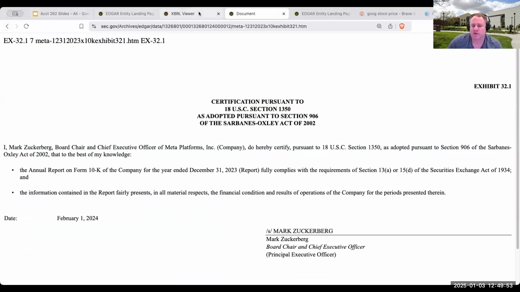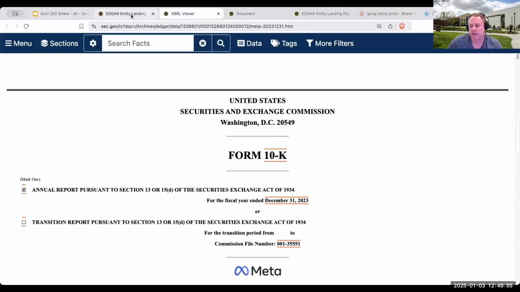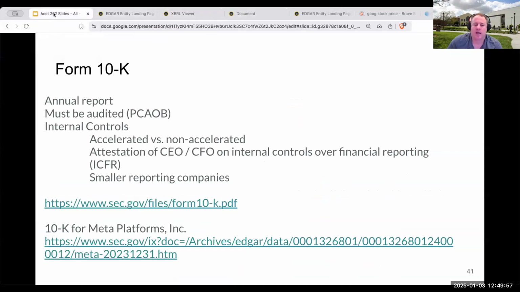So you're going to see these different certifications that the CEO and CFO have to go through and make, whether or not the company is accelerated or unaccelerated or not accelerated. For the 10K and 10Qs, the CEO and CFO has to sign everything. For the 10K, that has to be signed off on by the audit committee or by all the members of the board.